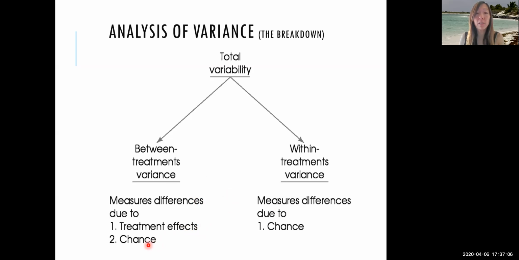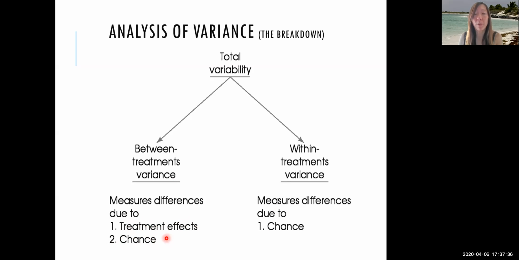And we're also going to measure chance, which is the same thing as error, which is the same thing as within treatment variance. So chance means error. If there are treatment effects, great, but to what extent are those effects or mean differences due to something outside of our control, something that just happened, some lurking variable that we didn't control for?